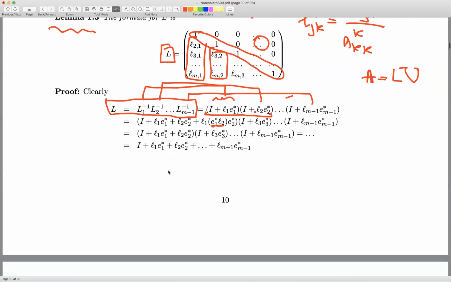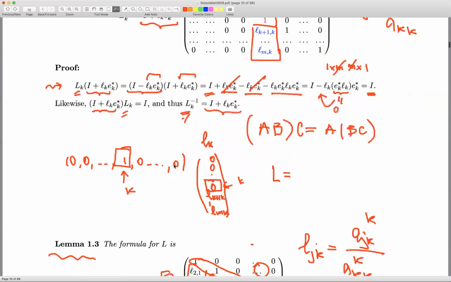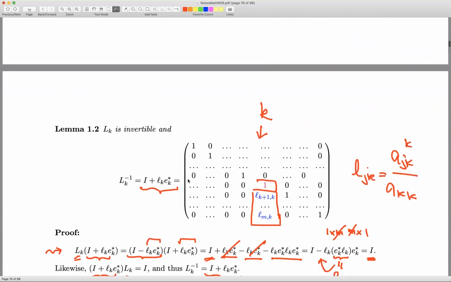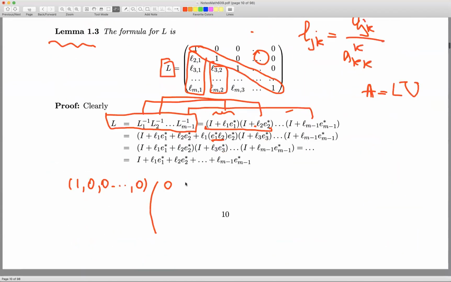If we put the parenthesis here, what is the vector E1? The vector E1 transpose is 1, 0, 0, and so on. And what is the vector L2? The vector L2 is 0 on the first position. And if you look carefully, what was the vector LK? We have 0 at position K, so it will be 0 also at position 2.